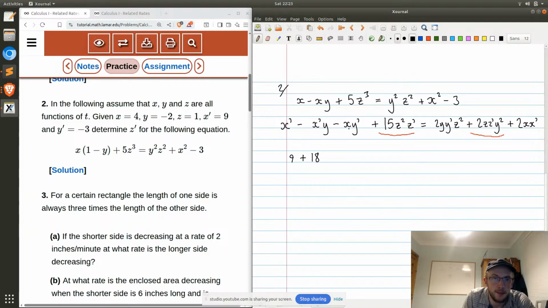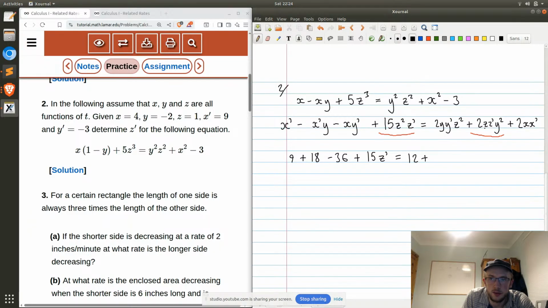And then 4 times 9, so minus 36. 15z squared, that's just 15. 15z prime. And that's equal to negative 4 times negative 3, which is 12. So just 12 there.